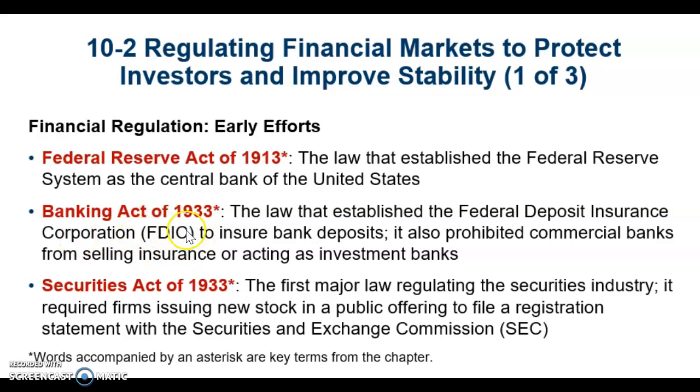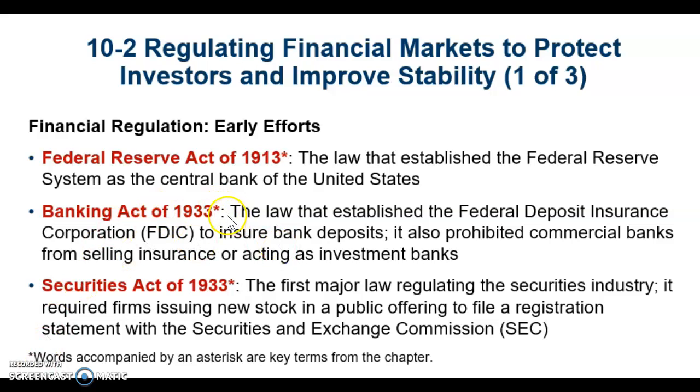You have probably seen this on banks, FDIC. This insures bank deposits. It prohibits commercial banks from selling insurance or acting as investment banks. You may hear this act referred to as the Glass-Steagall Act.